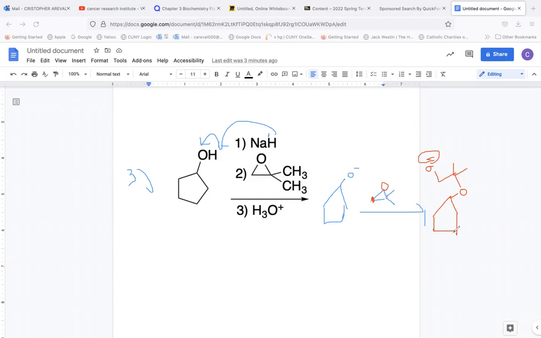Hopefully that makes sense. What happened there? Because I didn't draw the mechanism, but okay. H3O plus, right? So what happens is this negative picks up an H. If someone got this right, that's good. You got 3 points in the exam. That's the answer.